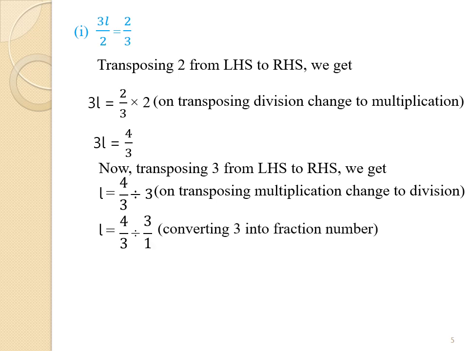Now, multiplying 4 upon 3 by the reciprocal of 3 upon 1, we get 4 upon 3 multiplied by 1 upon 3.